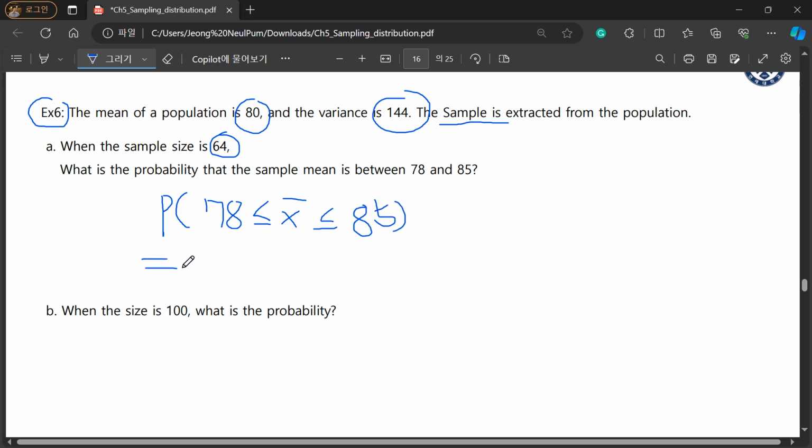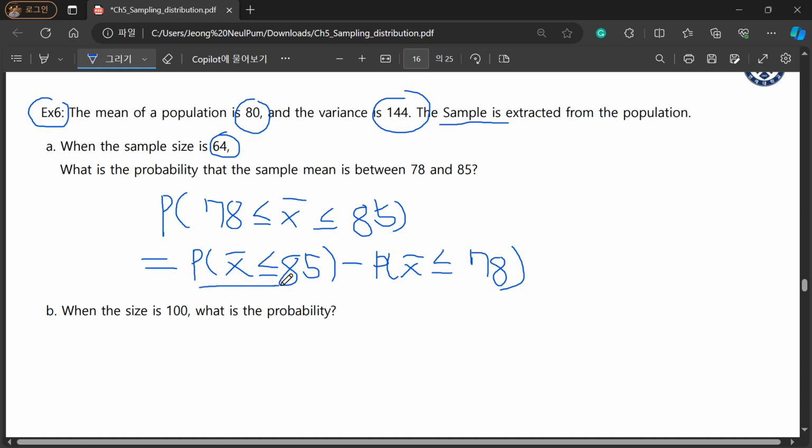As you already know, we can calculate this probability by deducting the probability when x bar is less than or equal to 78 from the probability when x bar is less than or equal to 85.